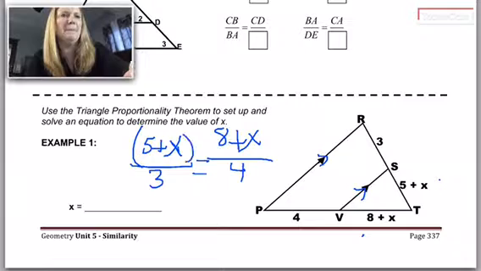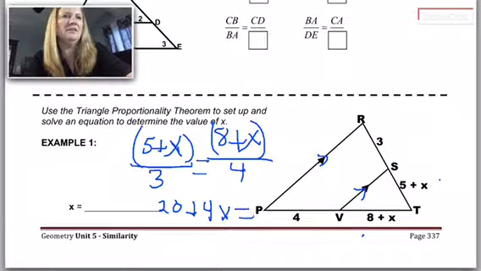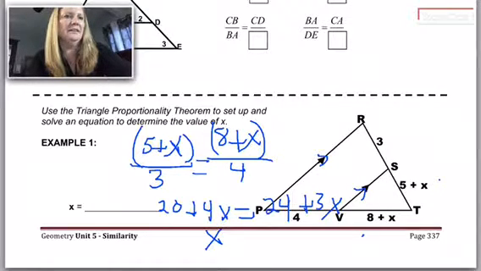Let's cross multiply. I'm going to get 20 plus 4x is equal to 24 plus 3x. If I subtract 3x from both sides, I get x. If I subtract 20 from both sides, I get x is equal to 4.